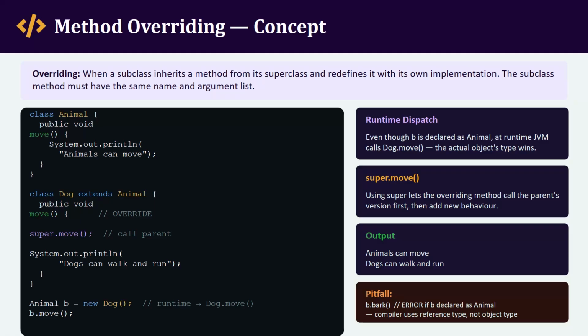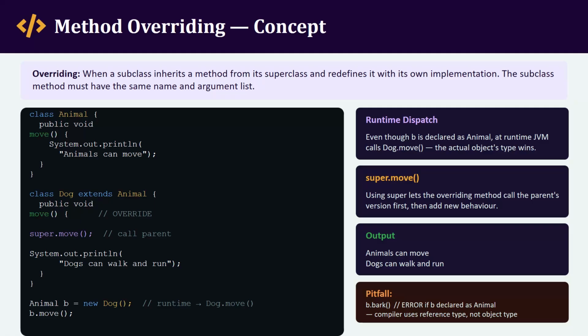So you can have a class Animal which can move, but then we have a Dog which extends the functionalities of an Animal and can also move. So in that case, we can call the parent using super. So when you are calling the parent class method, you have to use the super keyword.